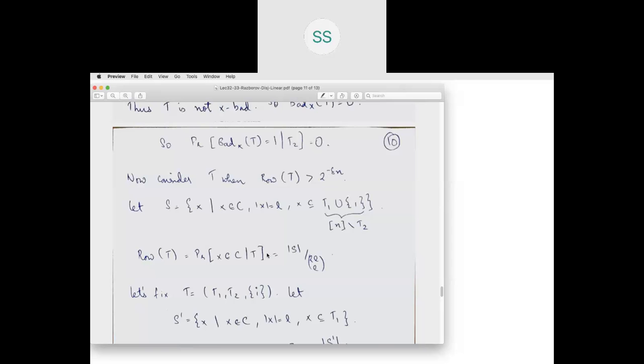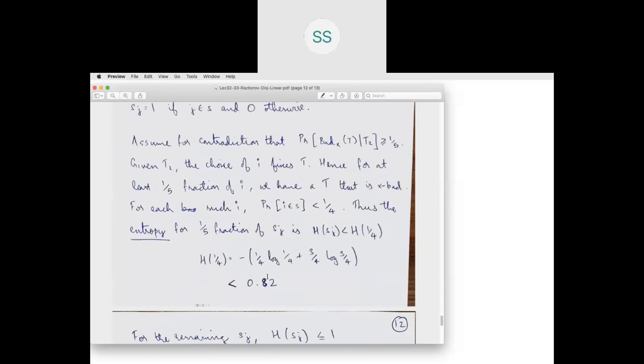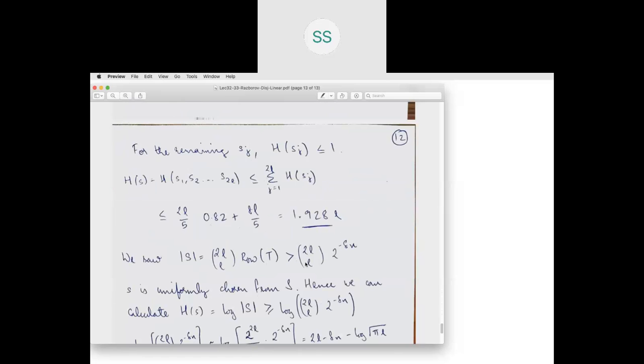The other case was easy and we already saw that. So we get that this is at least 2L choose L times 2 power minus delta n. Small s is uniformly chosen from capital S. Now the entropy of small s is actually the log of this.